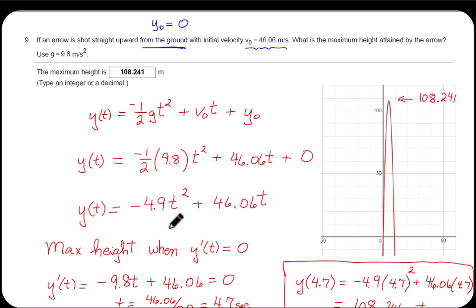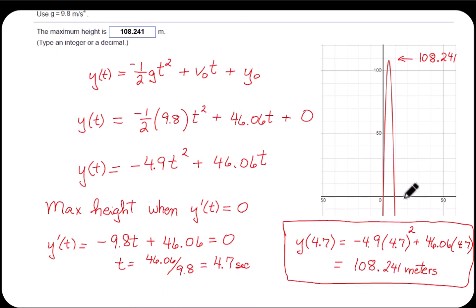So I get that y of t is a quadratic function. The quadratic function is flipped over, so it's a flipped over u. Since it's a flipped over u, it will have a maximum position, maximum height. How do I find it?